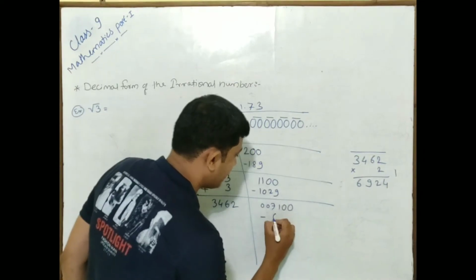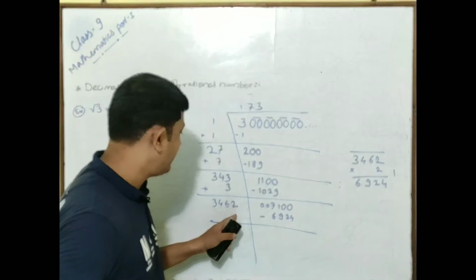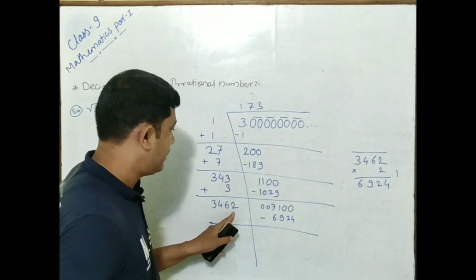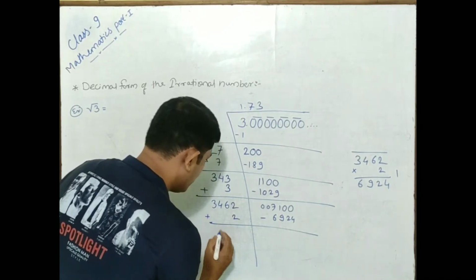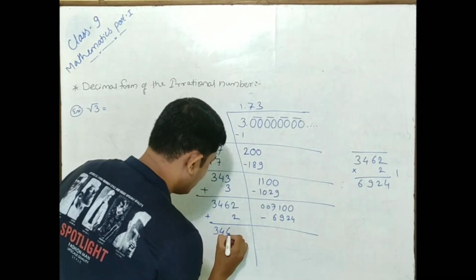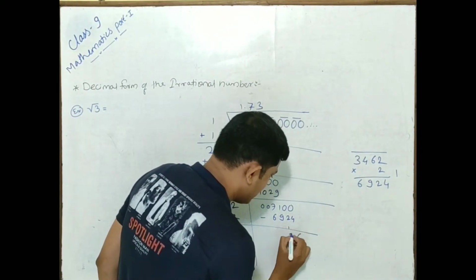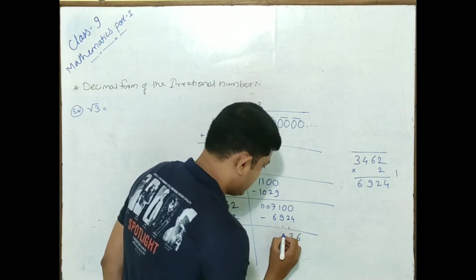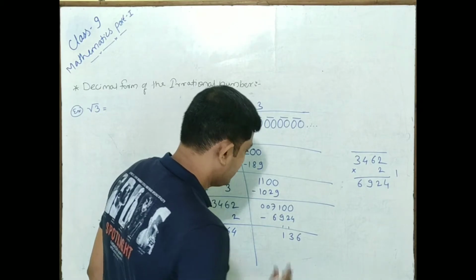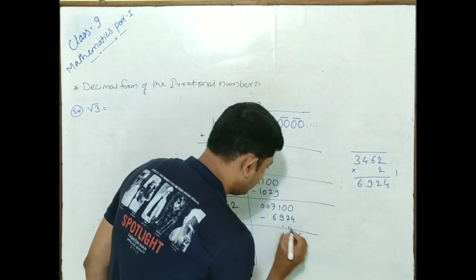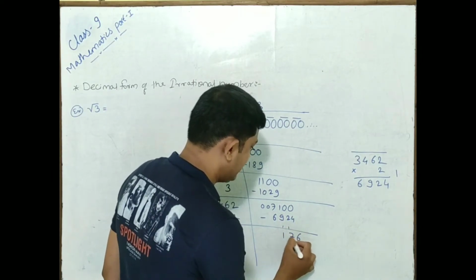Here we have to do the subtraction from the remainder, and by which number we have multiplied, by 2, so we add here 2, so it becomes 3464, and the remainder is what? 6, 10 minus 3, 7.